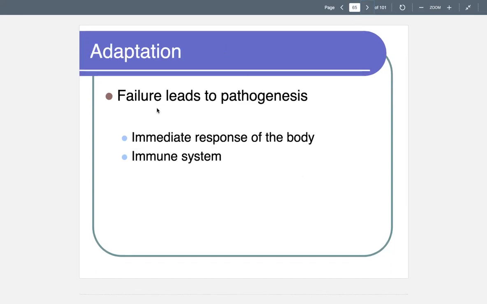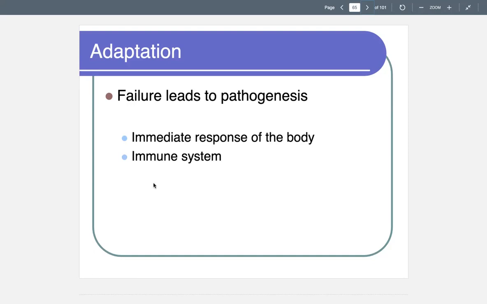Adaptation, that is, failure ng katawan natin na ma-adapt yung pathogens na na-expose tayo, could lead to the pathogenesis. Adaptation is referring doon sa immune system po natin, that could give an immediate response of the body, yung mga ating immune cells, kung ma-inhibit o mapapatay nila yung pathogens na nag-enter in our body.